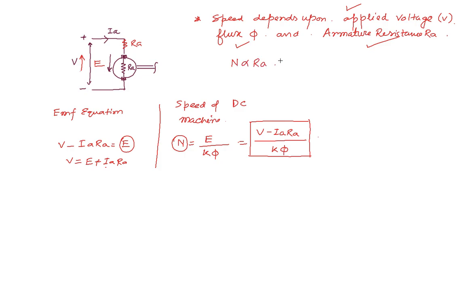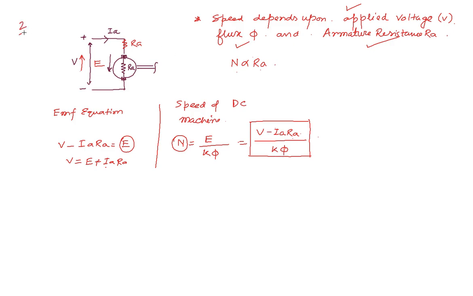N is proportional to RA. If the armature resistance increases, then IARA increases, so V minus IARA decreases. As the numerator decreases, the speed decreases.